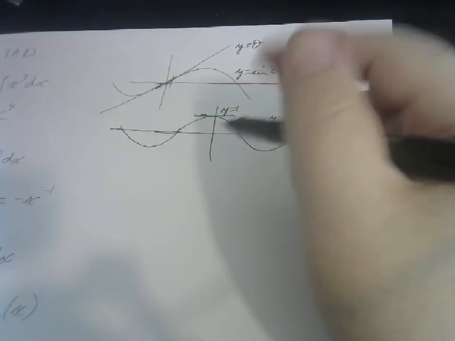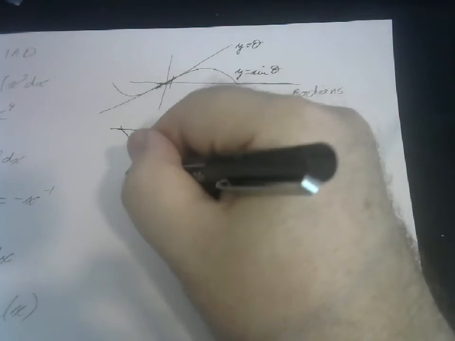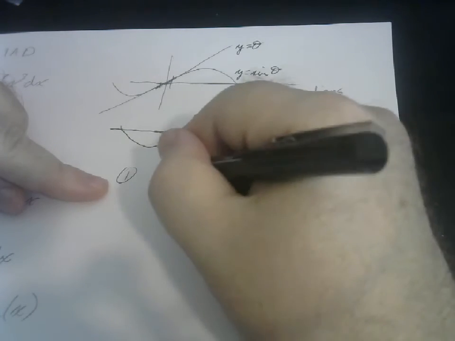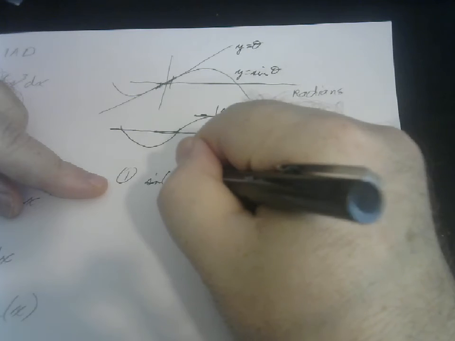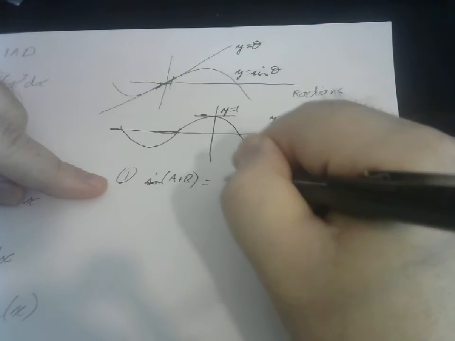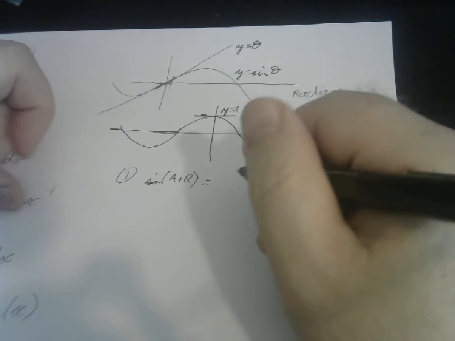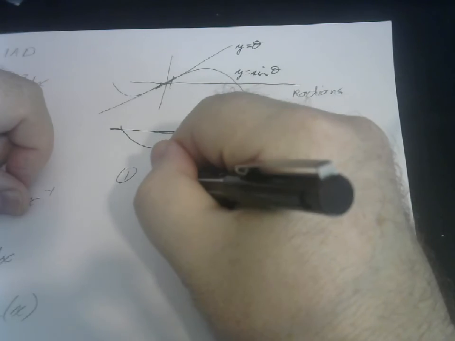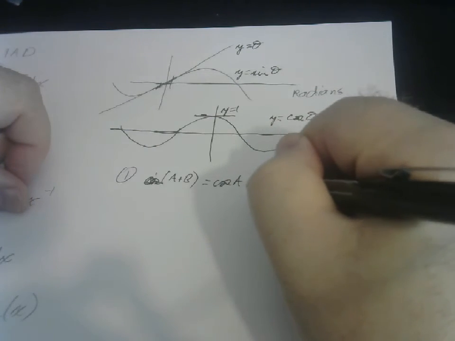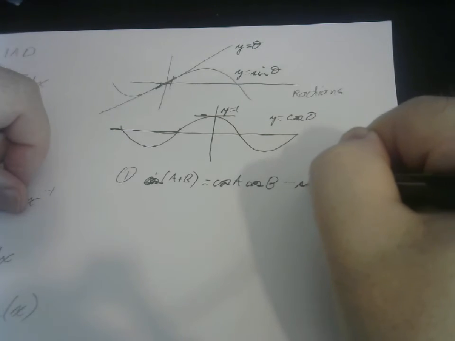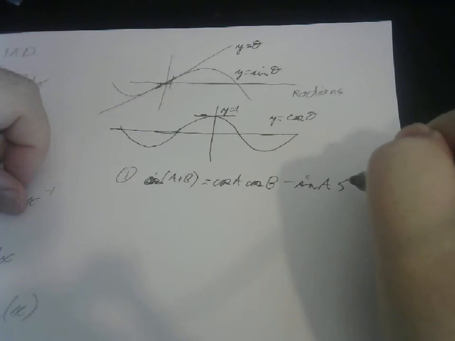So I'm going to use one simplification of sine of a plus b equals, actually I'm going to do the cosine. Cosine a plus b is cosine a cosine b minus sine a sine b.